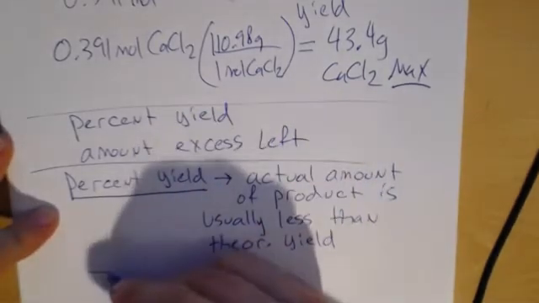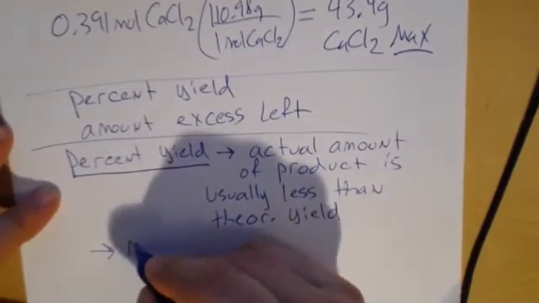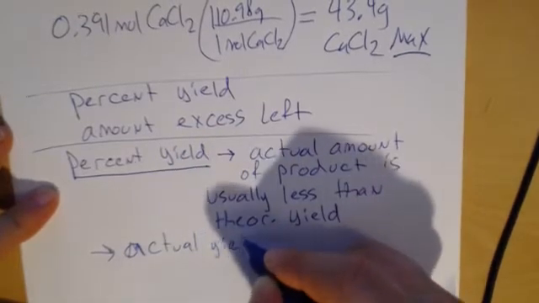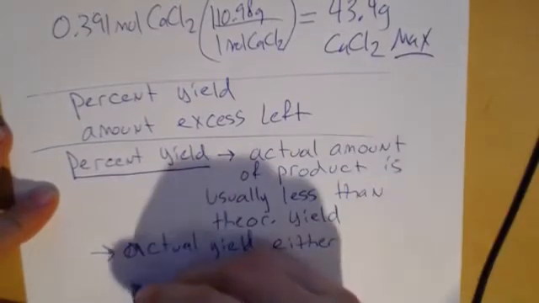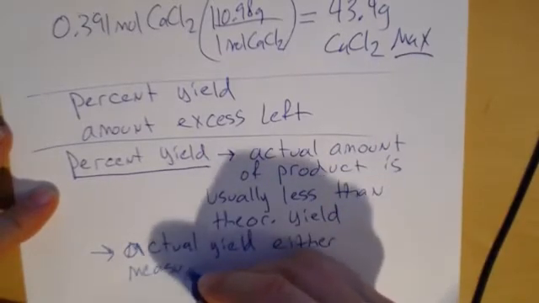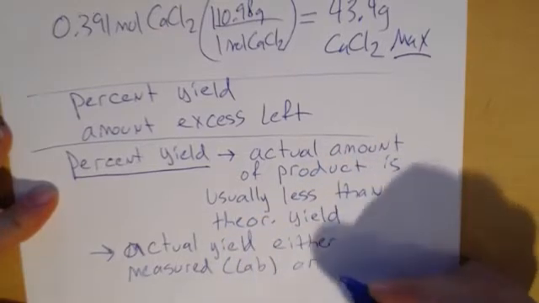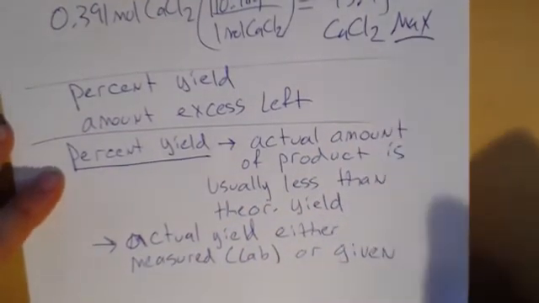Also, another thing about percent yield, the actual yield is either measured if we're in a lab, what we call empirical, or in a word problem, it has to be given to you.